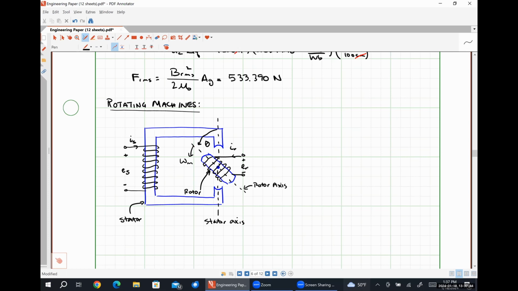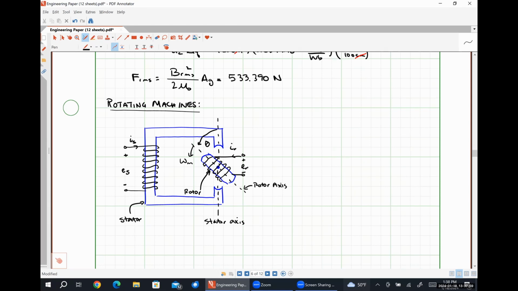It's not required for us to have coils on both parts, okay? So really, we could actually just look at this particular diagram and classify a bunch of different types of electrical machines.